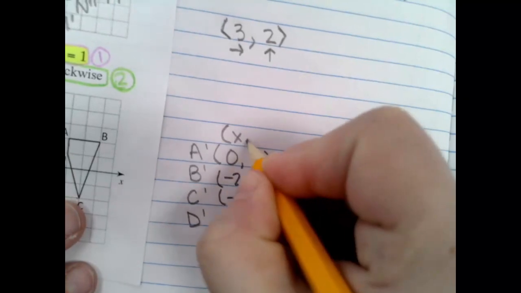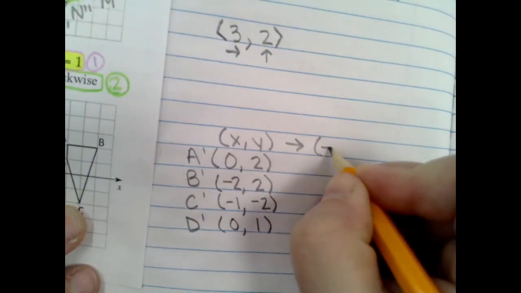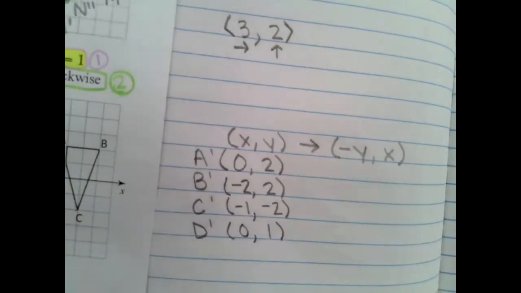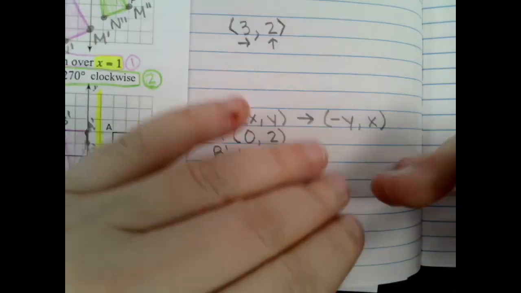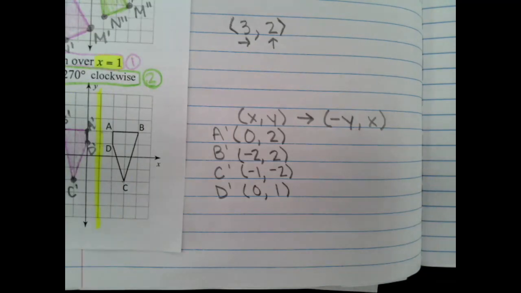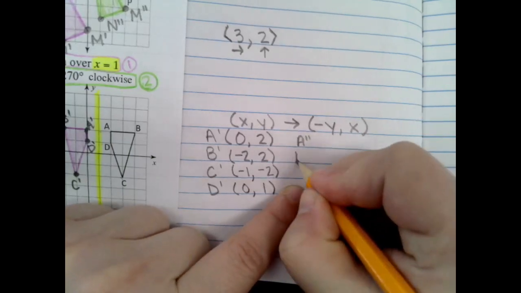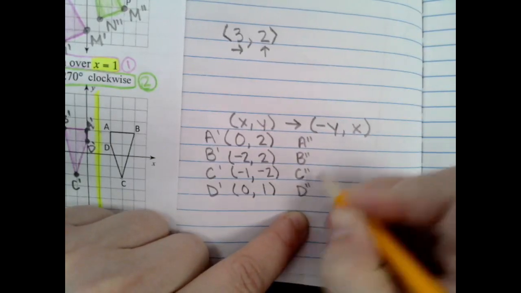So we're going to take our XY, and we're going to change it so that it goes opposite Y, X. Especially when they change order, I like to do all the first one and then all the second one rather than doing it point by point. I'm noticing most of you like to do it that way. Some people are really good at doing each one individually. So I'm going to think A double prime, B double prime, C double prime, and D double prime.